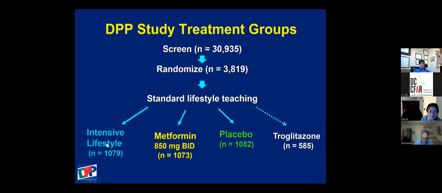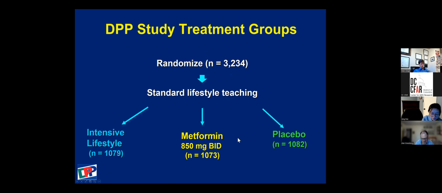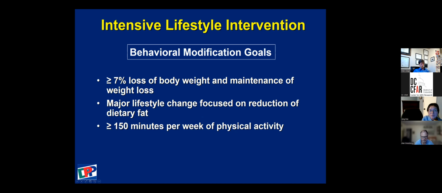They are randomized to lifestyle, metformin, or placebo. There was a troglitazone group that was stopped early due to adverse events early in the trial, like year 1, year 2. There were a few. So for safety concerns, we stopped the fourth arm. So eventually we only have 3,234 in 3 arms. That's the trial.